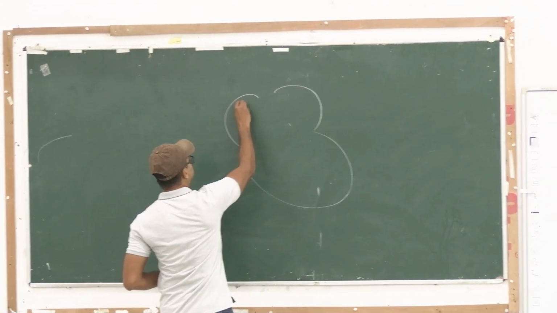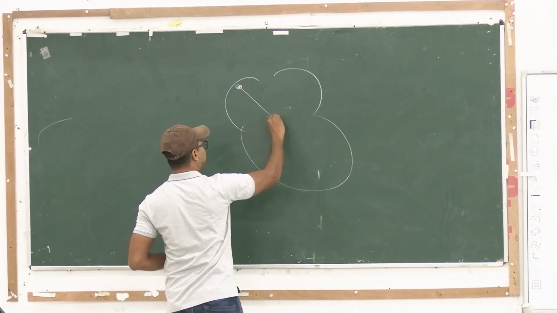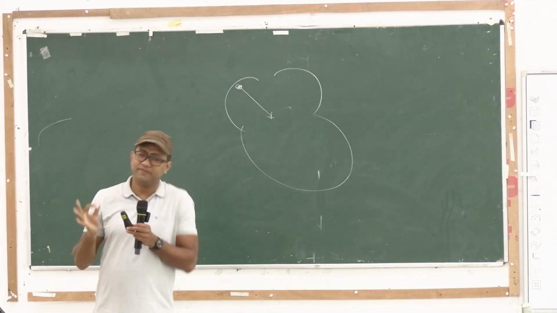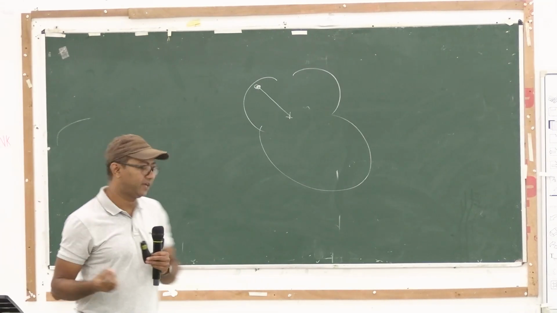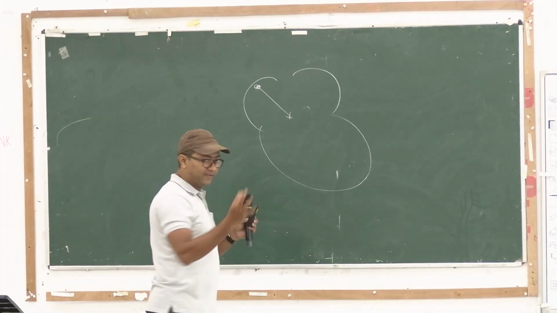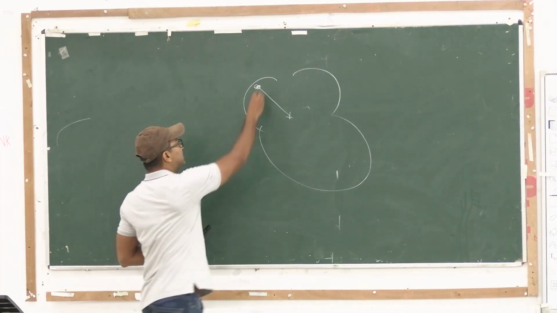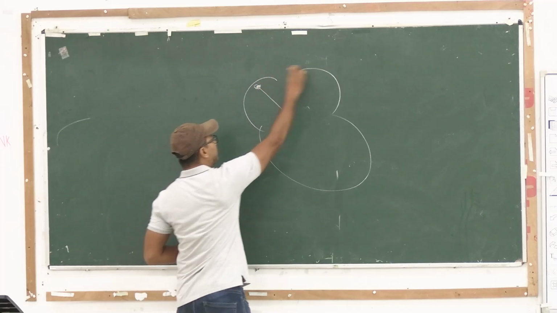So if this is your atria, this is the SA node, the vector is this, right? But actually the vector is not this. There are lots of vectors that travel from the SA node and depolarize the whole atria.